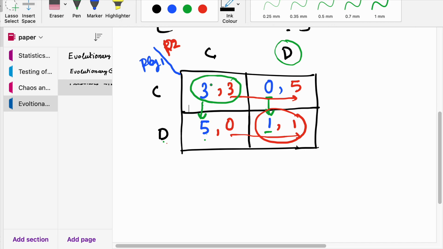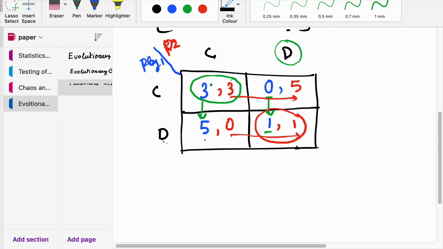Now this is the case, but in the real world, whenever people run an experiment with actual human beings and present them a prisoner's dilemma game, they never try to defect. They do not analyze the game the way we are analyzing it.